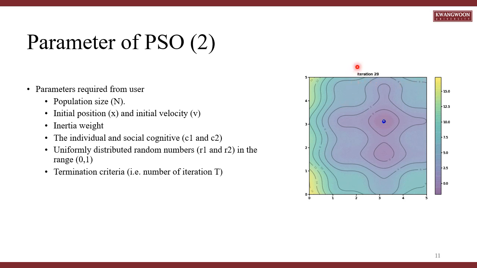So as you can see, until the very high iteration, the movement of PSO seems very good because they optimize their value based on the objective function. So, okay, let's discuss in the next slide.